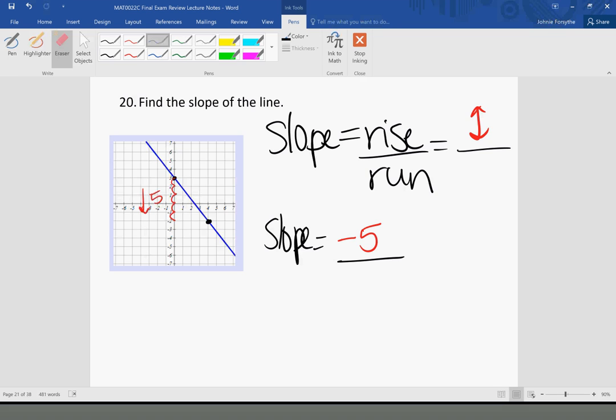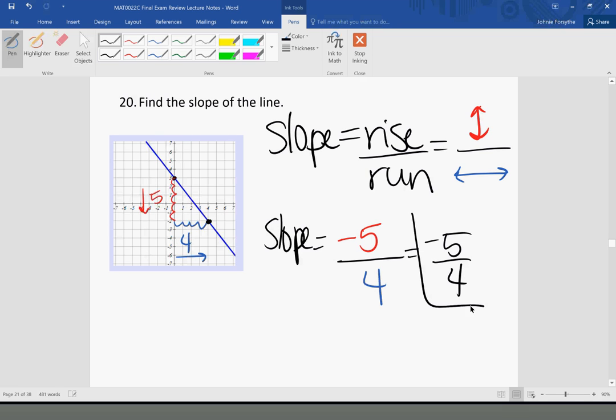Okay, let's see left to right. I will go 1, 2, 3, 4 to the right, that's going to be positive 4. So my slope would be negative 5 over 4 because that can't be simplified anymore. And those are the best places.